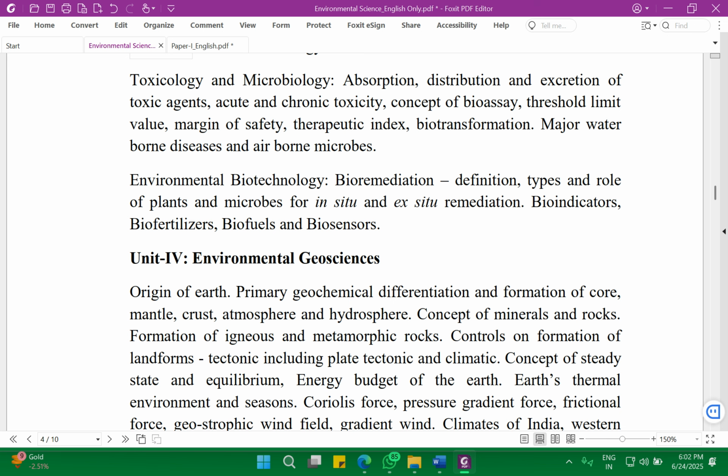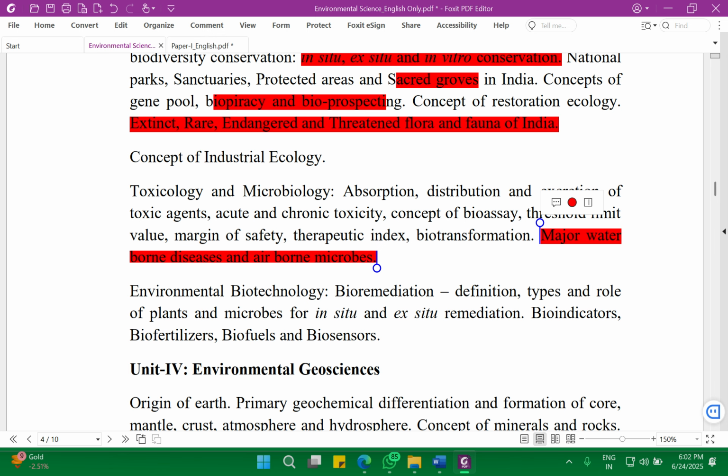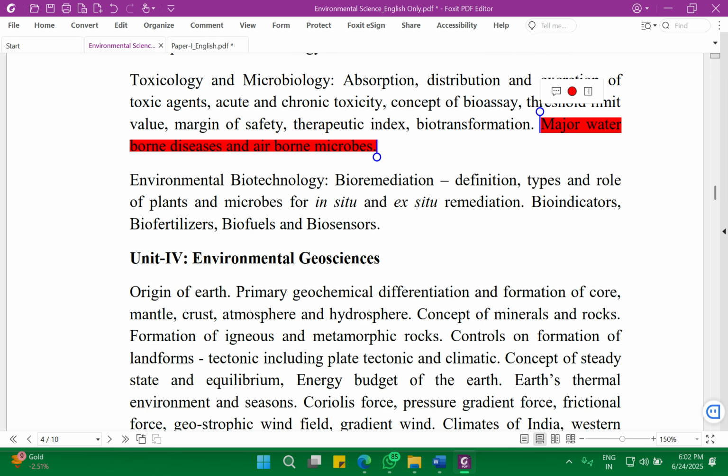Then under this you may need to know the disease actually, the major waterborne, airborne, and other diseases you need to know. And then yeah, remediation. This is also a very important part and easy part. So for example, they may give some plants, and they may ask among these plants which is a bioaccumulator, which is used for remediating this particular metal.